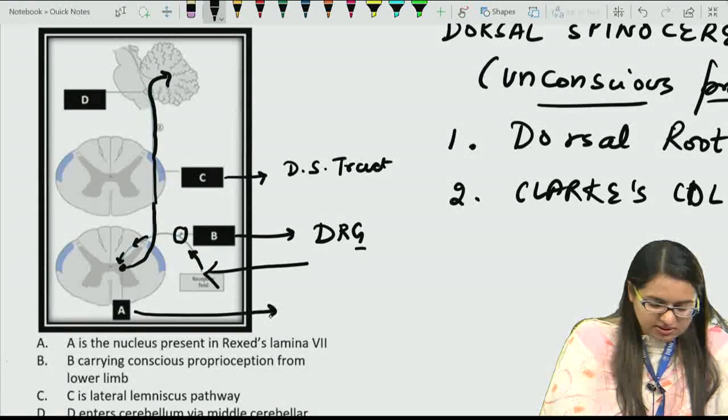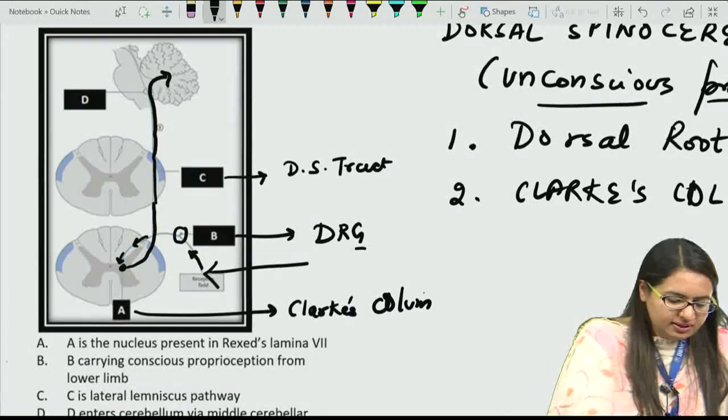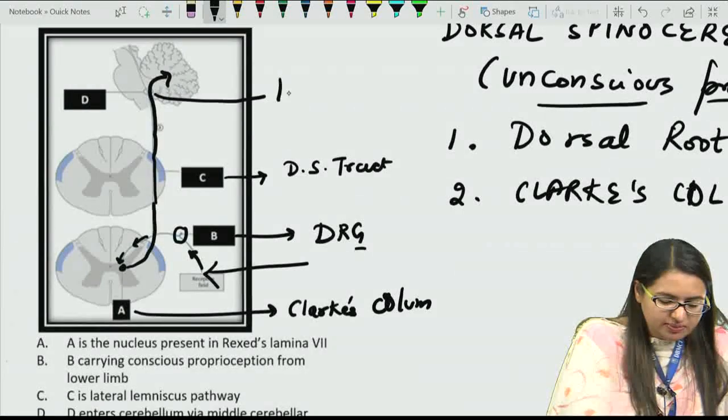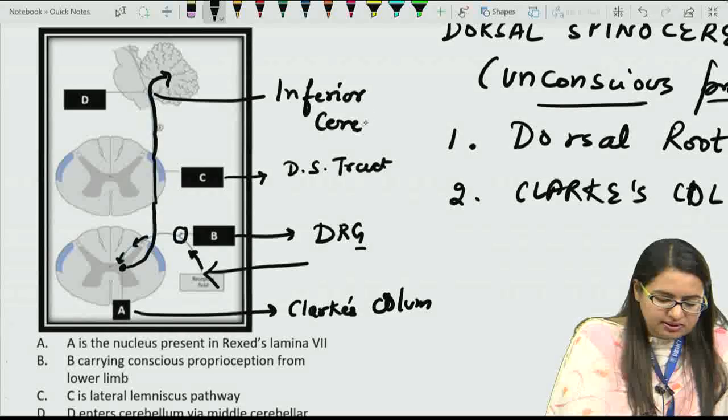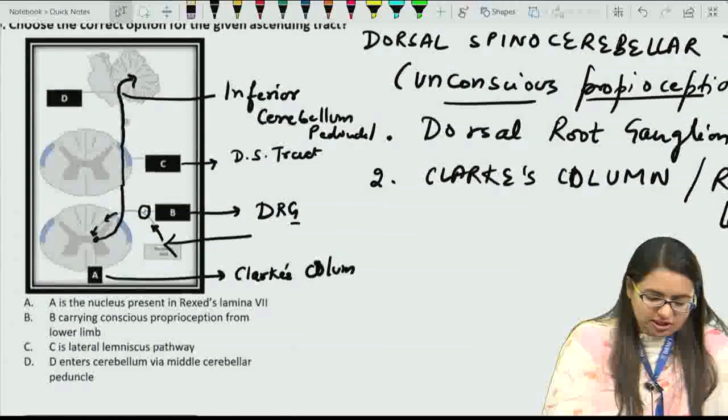A we have already discussed, this is the nucleus, the Clark's column. And D is showing the inferior cerebellar peduncle, through which these fibers go towards the cerebellum. So these are the various portions of this dorsal spinocerebellar tract.